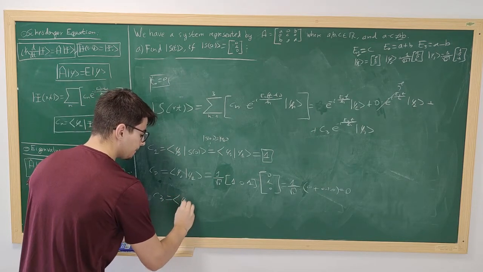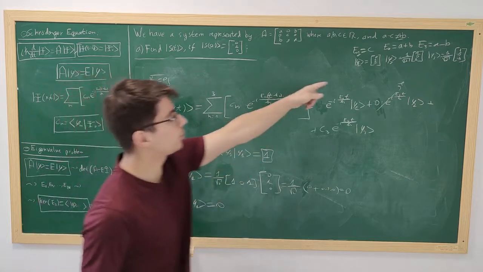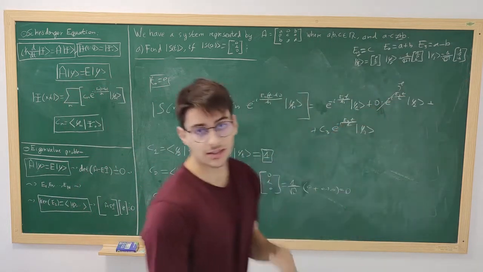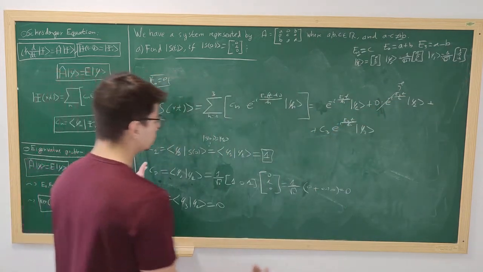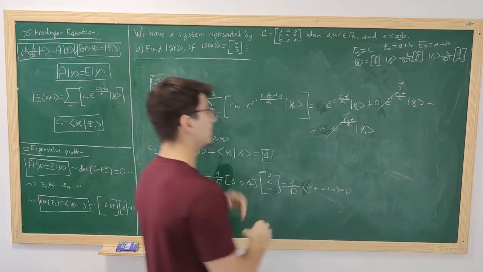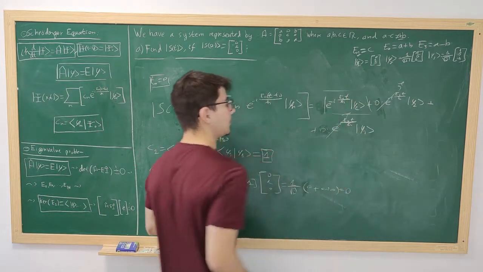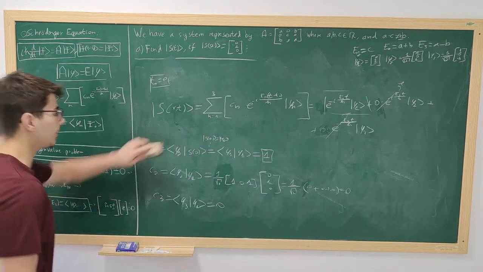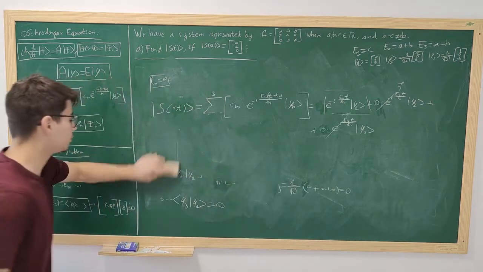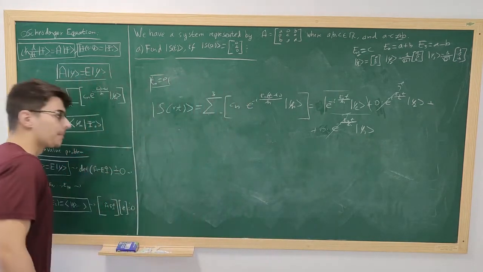If we do it, we get that phi 3 and phi 1 are 0 too. So we have that this is also 0, and we have that the time evolution really is just given by this term. Let me just write it a bit cleaner here, and we'll go on to the next part of the exercise.